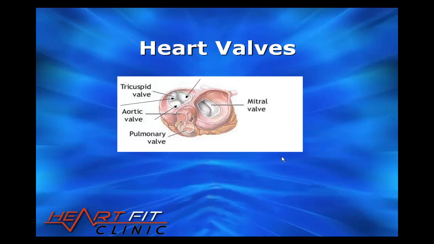Looking at the mitral valve, the valve between the left atrium and the left ventricle, you can see it has 2 flaps. Now the pulmonary, or what we sometimes call the pulmonic valve, is between the right ventricle and the pulmonary artery, and the aortic valve, which is between the left ventricle and the aorta, you can see they also have 3 flaps.